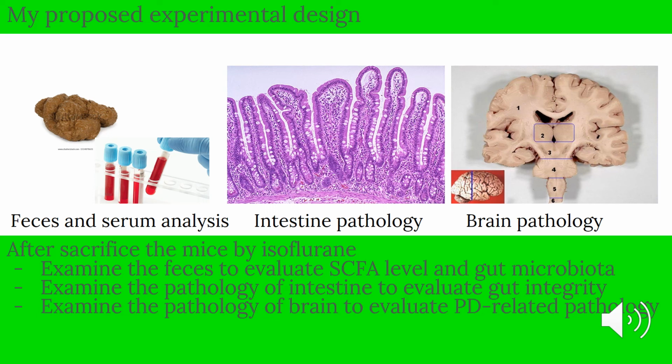And then the intestine, specifically the jejunum part, will be extracted to do real-time PCR of the tight junction-related genes like claudin or occludin genes. And next, the brain will be examined by immunohistochemistry technique to evaluate the dopaminergic neuron viability and microglia cell activation, which can imply neurodegeneration and neuroinflammation, respectively.